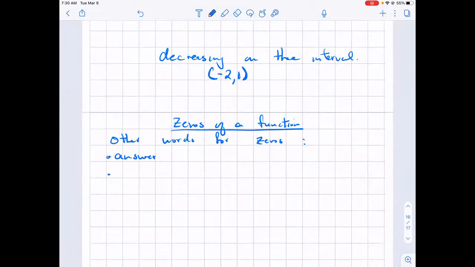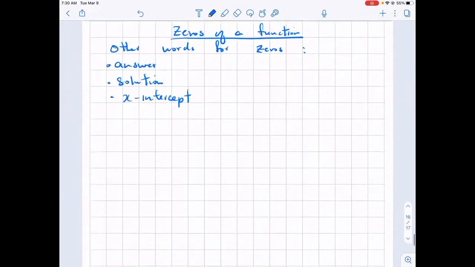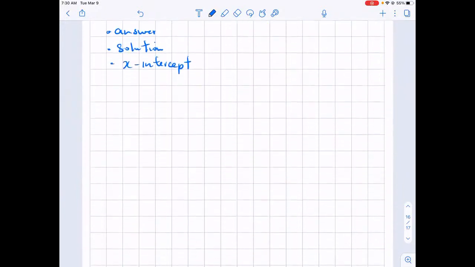We will look at the solution. We can think of this as the x-intercept. So when someone asks you to find the zeros, they're really just asking you to find the answer.